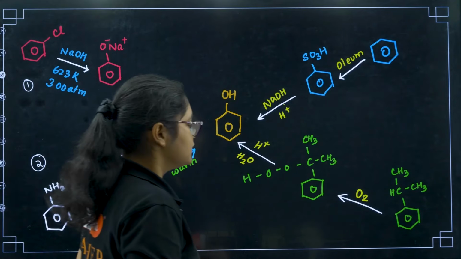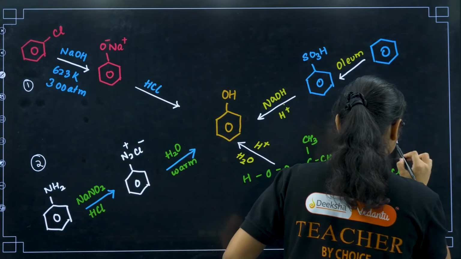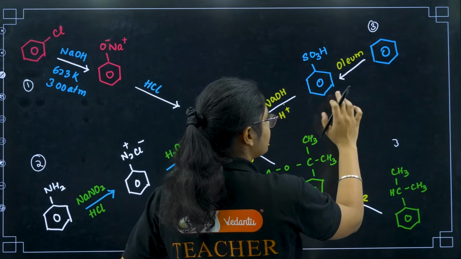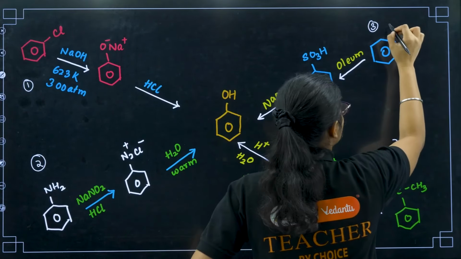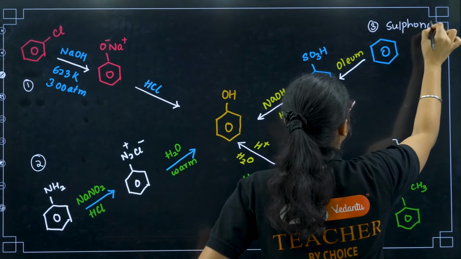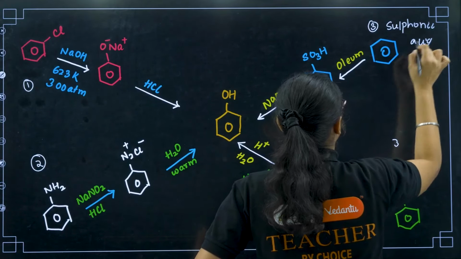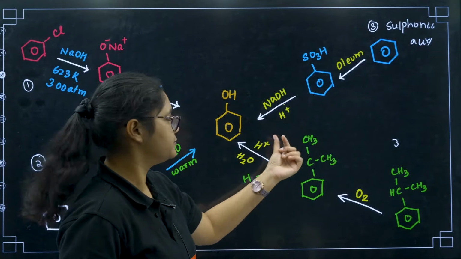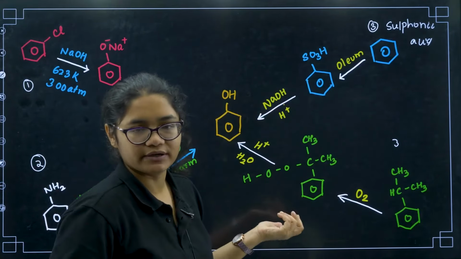Next, the third one is from benzene sulfonic acid. First you get benzene, convert it into sulfonic acid, then treat it with NaOH and H plus. This group will be replaced with an OH group.